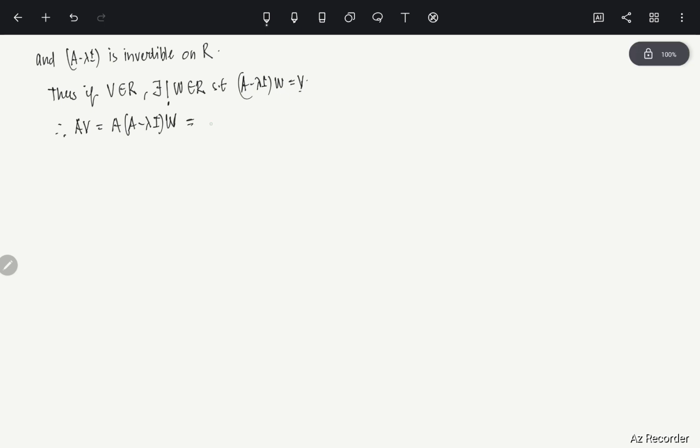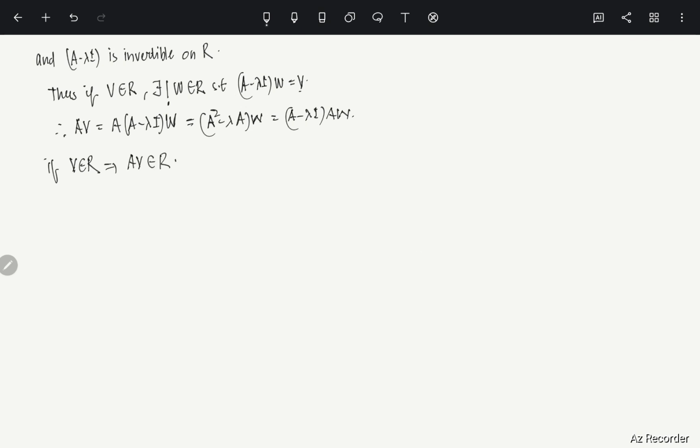Now, this is nothing but A squared minus lambda A times W. Okay, that is nothing but A minus lambda I times AW. So, I wrote it like this. Clear? Okay. See, what this shows is if V is in the range, then AV is also in the range.